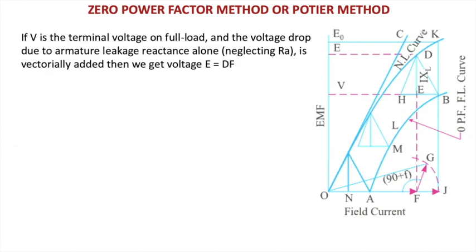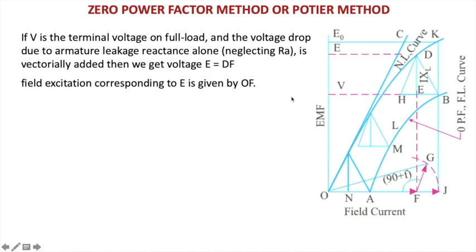Now we'll have the vector addition of the full load voltage and the voltage drop due to armature leakage reactance alone. So you will get the curve as DF, which is drawn in parallel to this, to calculate the value of E. So we'll get the induced EMF with just the leakage reactance being considered.